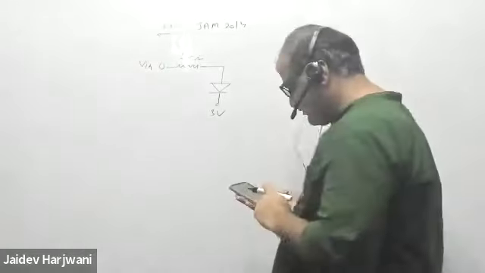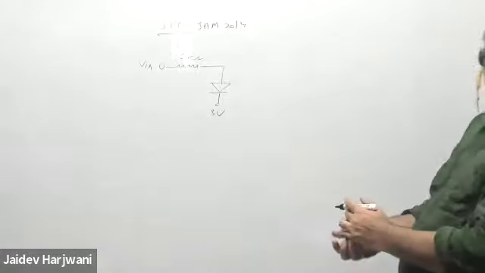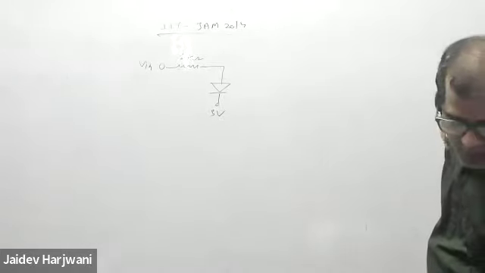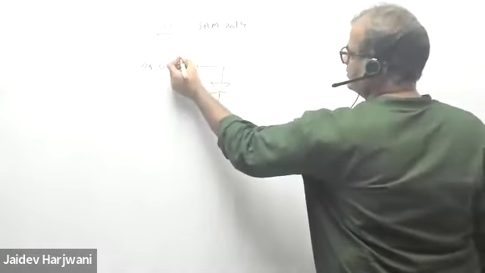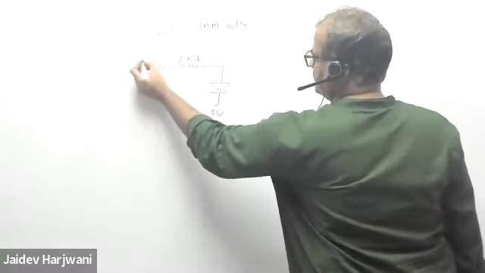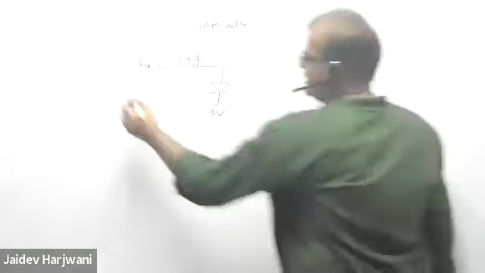V input is a sine wave, and you have to find what is the V output. Okay, this is a 1 kilo ohm.